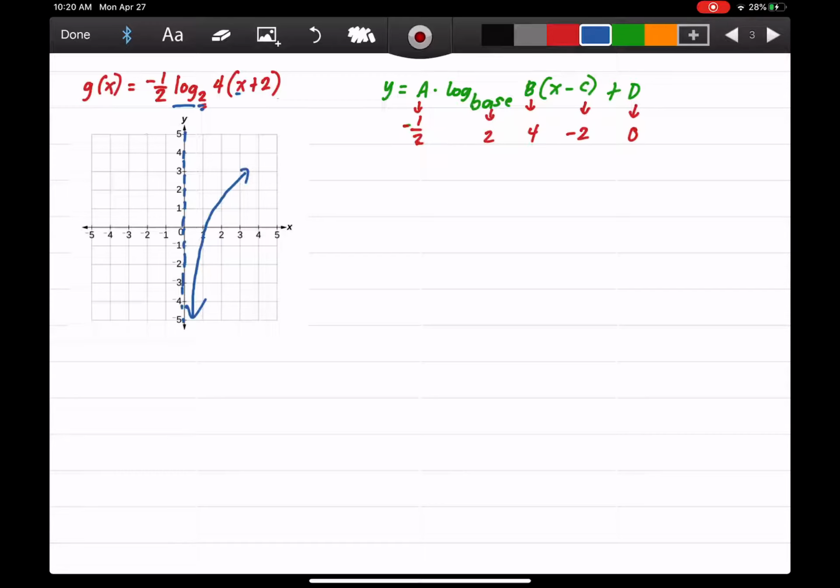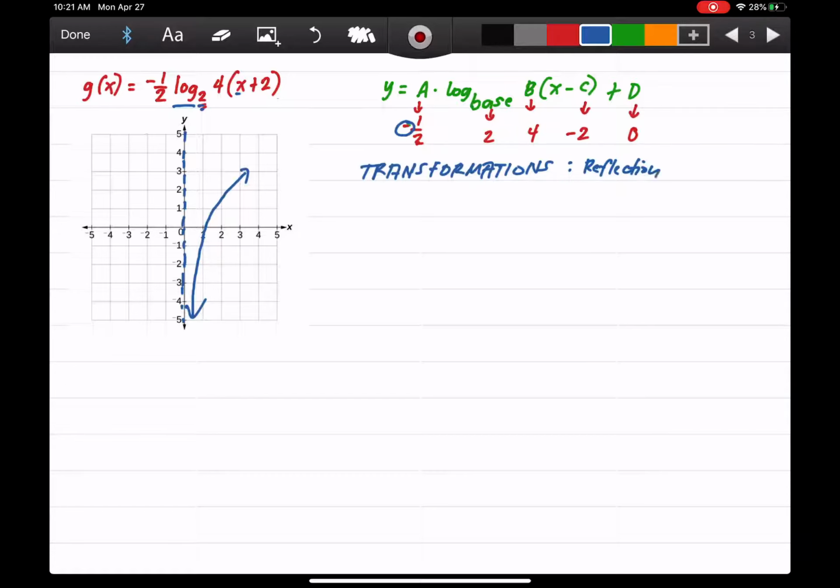So first, there's a negative here, and that means that, okay, let's just try to write that. Transformations. There will be a reflection, right?